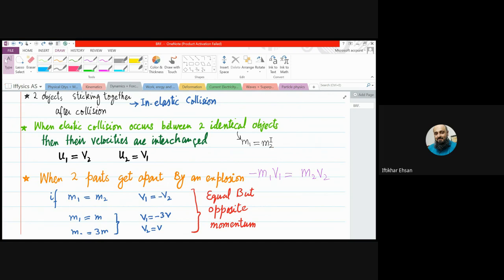It means the initial velocity of the first object will become the final velocity of the second object, and the initial velocity of the second object will become the final velocity of the first object. U1 will become equal to V2 and U2 will become equal to V1. This is only for when there is an elastic collision and the masses are identical, exactly equal. Important. Clear, beta ji?